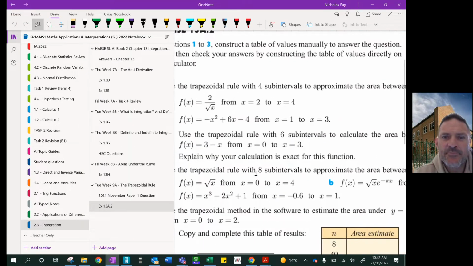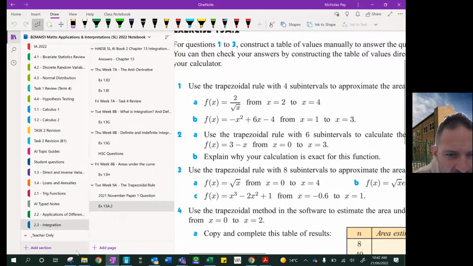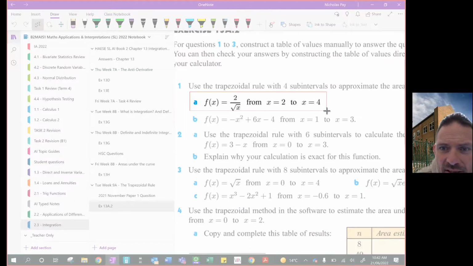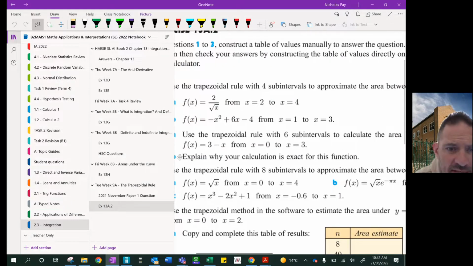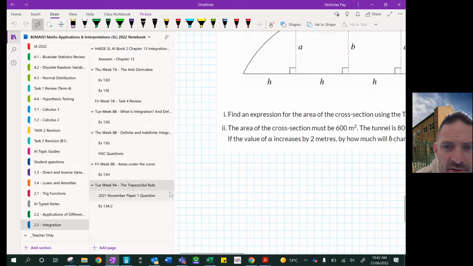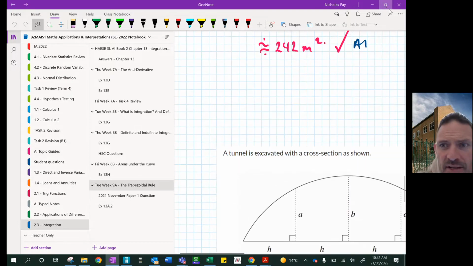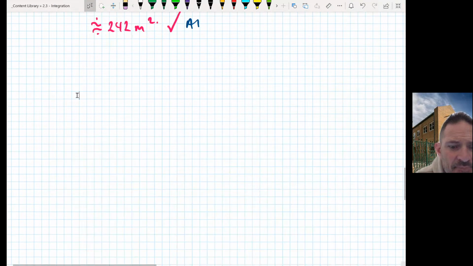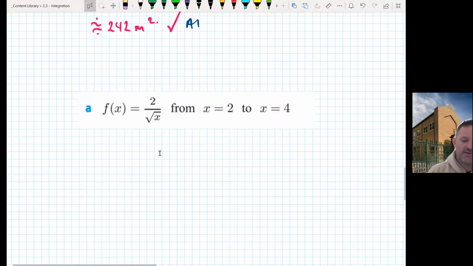Sorry, gents, I might just take a tack and just do this question here, because you might struggle here. Four sub-intervals. Okay, I'm going to do it on here. So I was about to go through that other question, but let me just do this one first, just so you can see a different style of question.